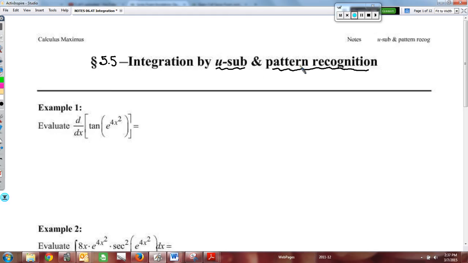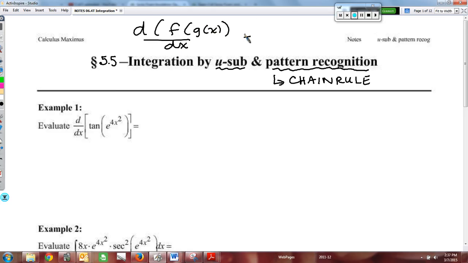The pattern recognition is what we're doing, that we're recognizing that there was chain rule involved in the derivative. When I go to take the derivative of something that had a composition, f of g of x, what I ended up with was an outside function where I took its derivative and I left the stuff inside, and then we unpacked the stuff by taking the derivative of the inside last.